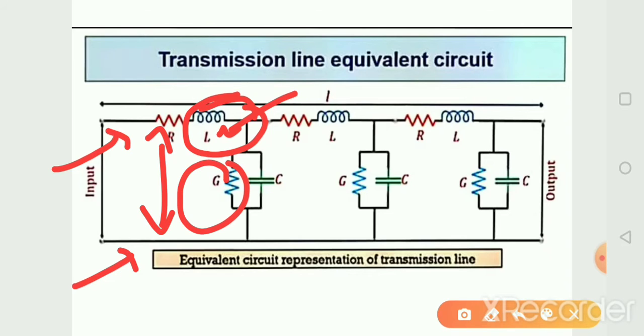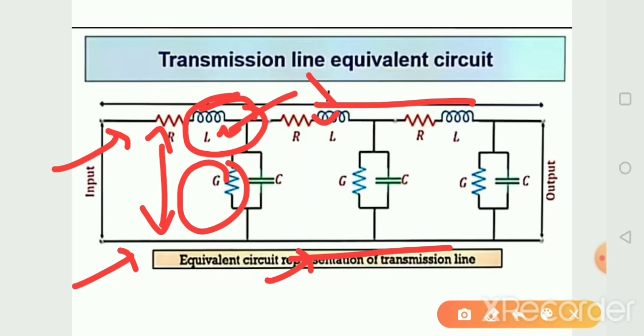Now let us consider the transmission line as a parallel plate capacitor. So this is one capacitive plate and this is the other capacitive plate. In between we have a dielectric medium, here air.